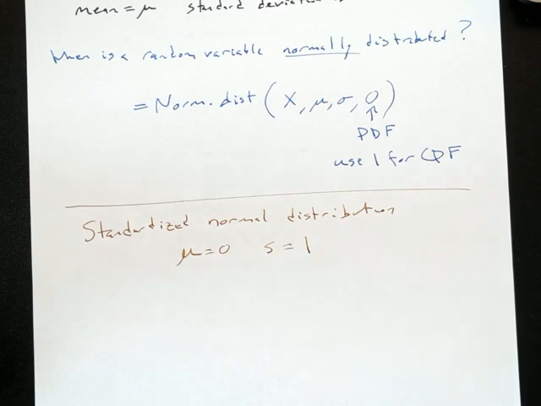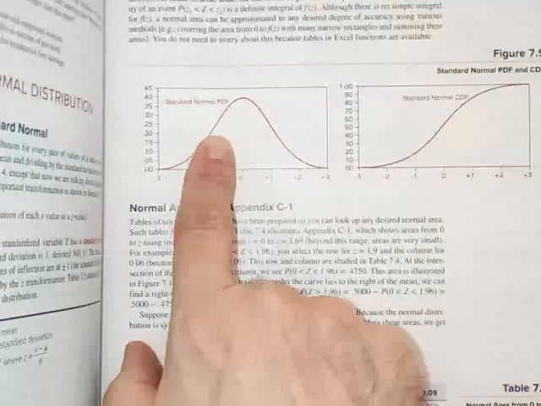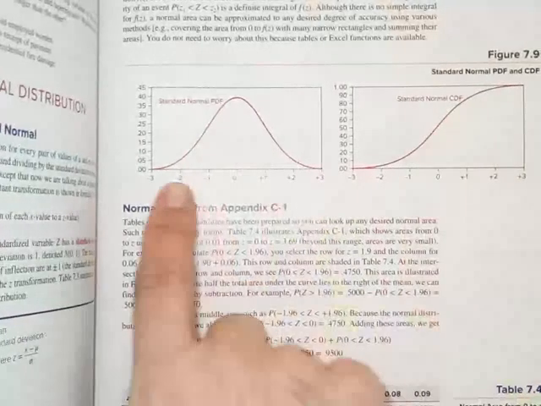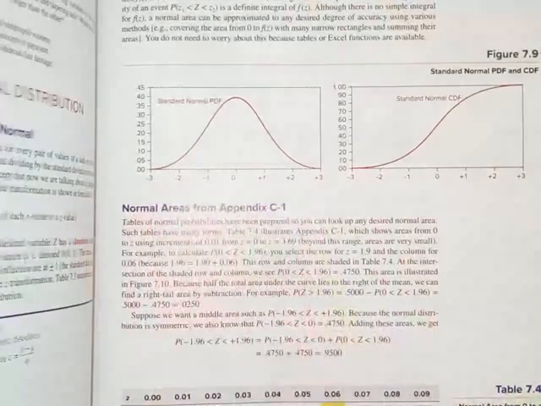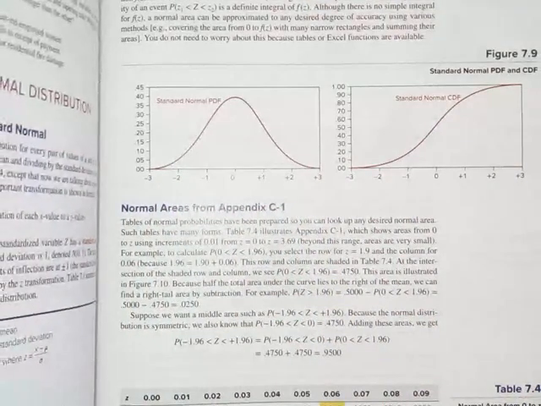Page 41 shows the exact same picture. Instead of mus and sigmas here, I just have the numbers from -3 to 3.